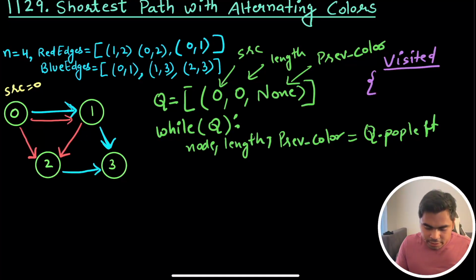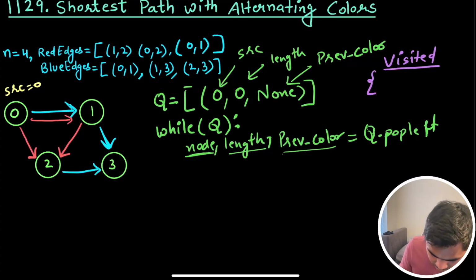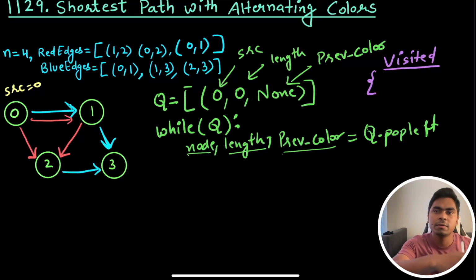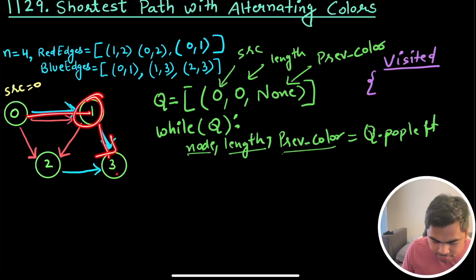I just want to make it clear that this node is your source, this is the length, and this is the previous color. This node is the source item, and initially it's 0, but to find the distances we will have to go through one or multiple other nodes to find the shortest path to the destination nodes. If you are starting with 0 here, then to get to 3 you're going through 1 as well, right? This is what I'm talking about.